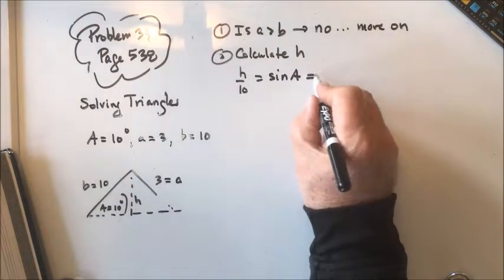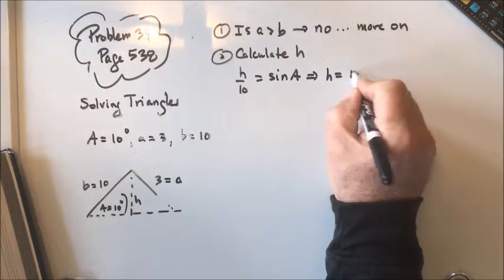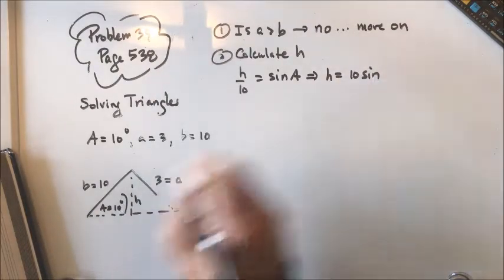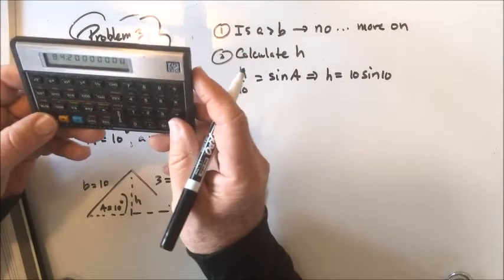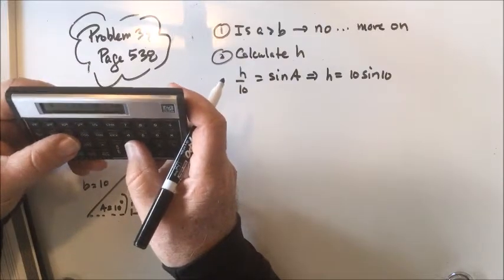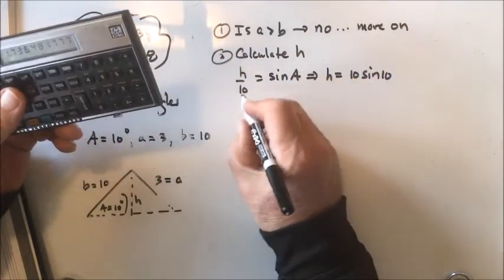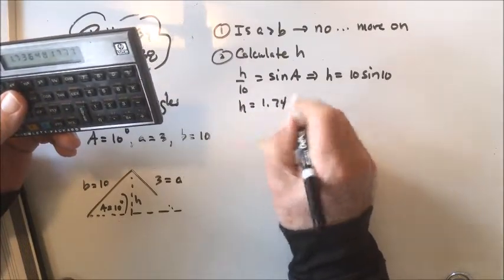And so h is 10 sine A, where A is 10 degrees. Let's see what that says. I get the sine and multiply it by 10, and h is not too big. h is equal to 1.74.